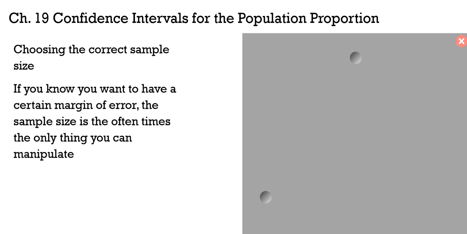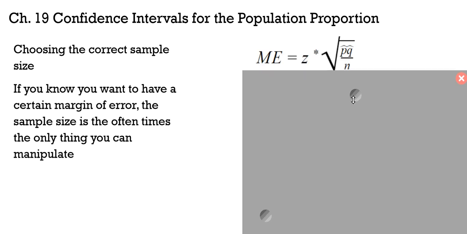So it's really just a lot of math that we have to concern ourselves with, and it only involves the margin of error formula, which is from before. The margin of error is the critical value, z asterisk, times the standard error, which is the square root of p hat times q hat, all divided by n.